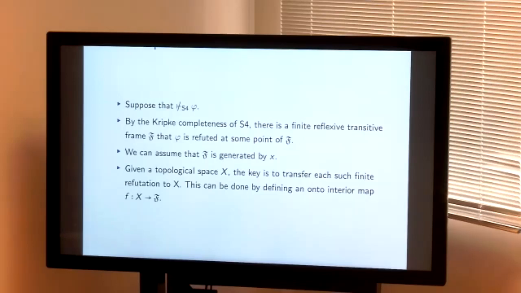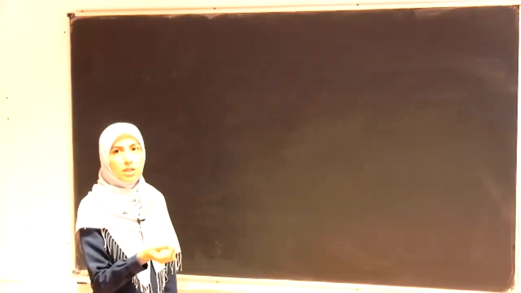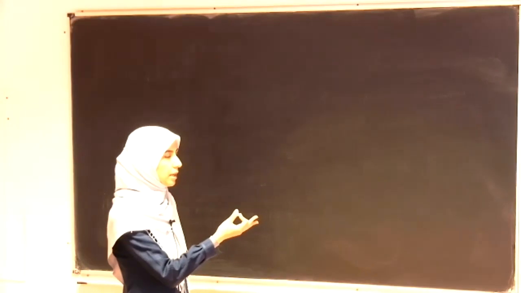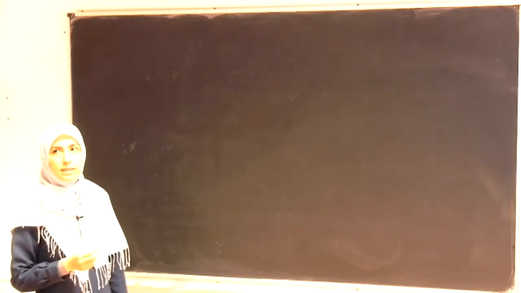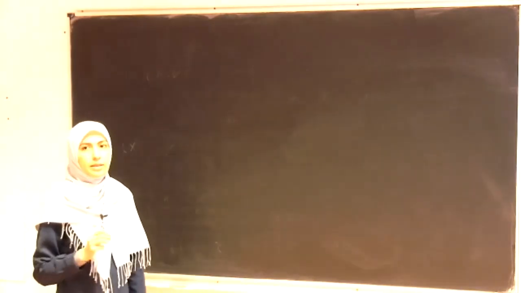But as soon as we can define such a function, then as I explained, we can prove our theorem. So the main part is to show how to construct such a function. Let's start with a very easy example.